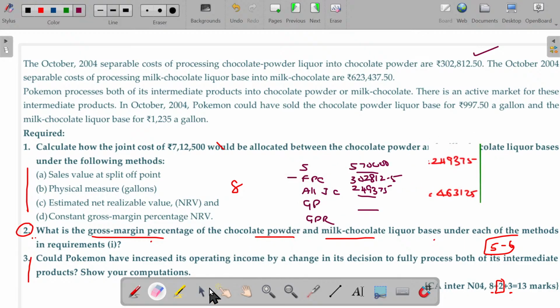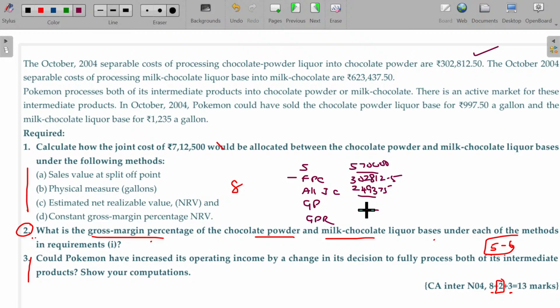So sales minus further process cost minus allocated joint cost, you get the GP. I think the GP here being 17,812.5. For this, GPR being 3.125 percent. For what? Chocolate powder liquor base. Under what model? This one.